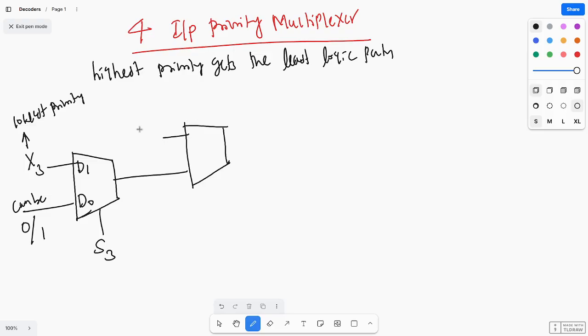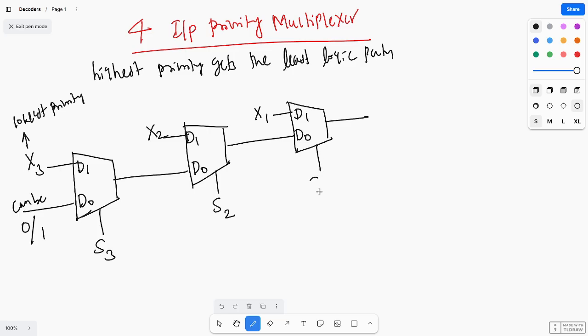This has the next priority, with d1 and d0 and selection line s2. This is given to one more 2 cross 1 mux, with x1 and d1 and d0, and the selection line is s1.